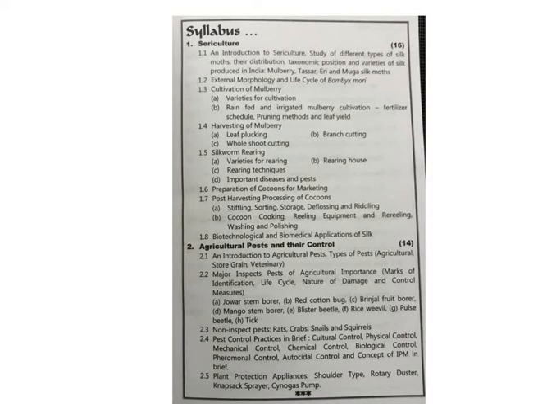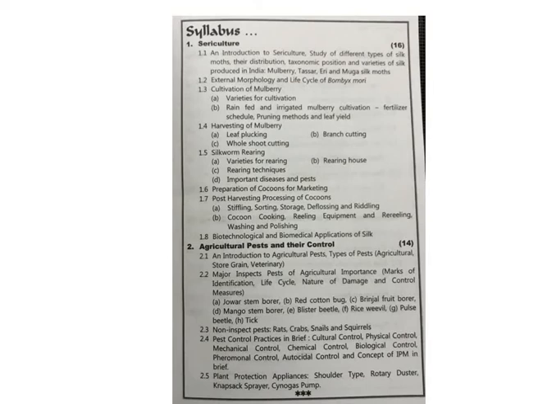Now the second chapter is agricultural pests and their control. Here, again, the first point is an introduction to agricultural pests, then types of pests, in which different types of pests are there such as agricultural pest, store grain pest and veterinary pest.